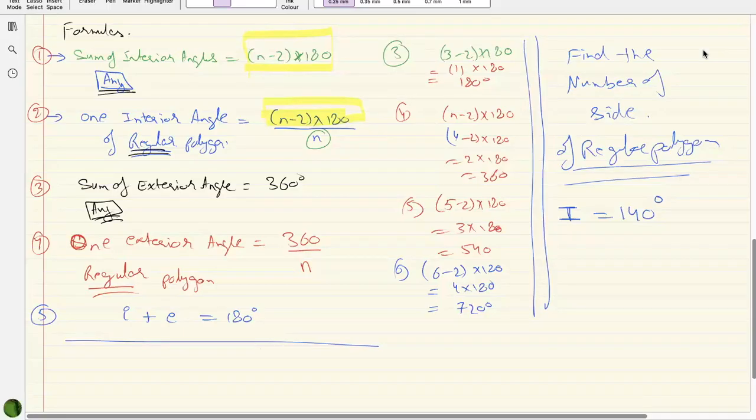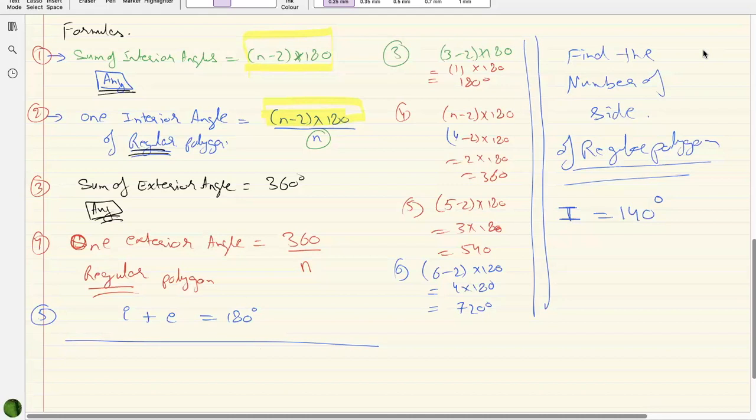The number of sides it has. 140. 9? That's correct.